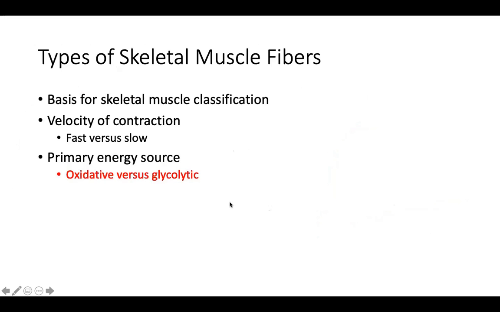All right. What we're going to speak about now are the fiber types in muscle, okay? How do we classify skeletal muscle? So all skeletal muscles are not created equally, and they differ based upon two things. They differ based upon their velocity of contraction, how fast they can contract versus how slow they contract. So that's kind of one classification of muscle.